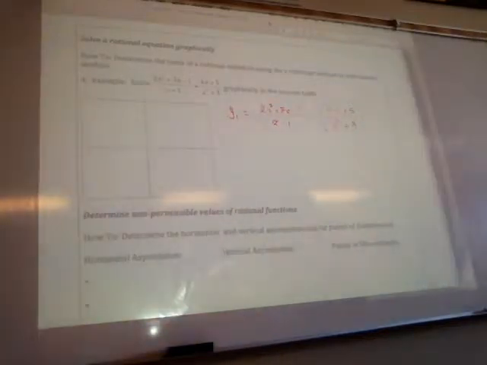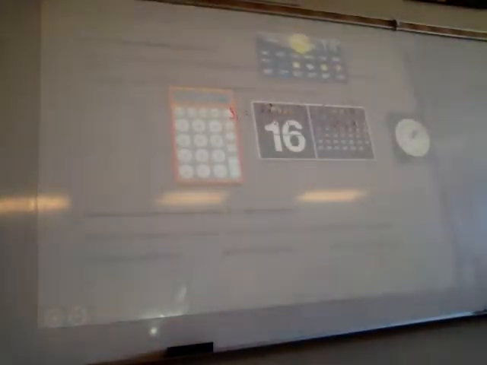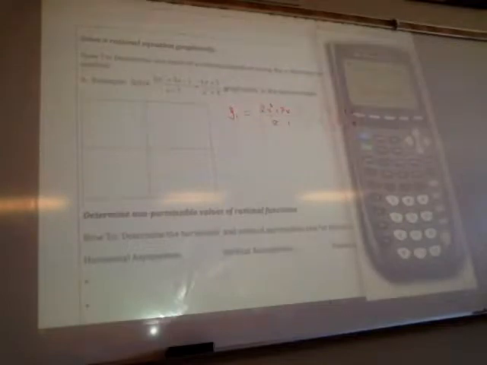Okay, so we'll go ahead and put that in our y equals. Okay, so 2x squared plus 3x minus 1, and that same set of brackets divided by x minus 1.